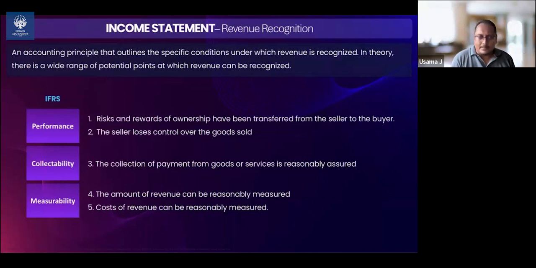An accounting principle outlines specific conditions under which revenue is recognized. In theory, there is a wide range of potential points at which revenue can be recognized. So, at which point do we recognize revenue is the question that we are asking.